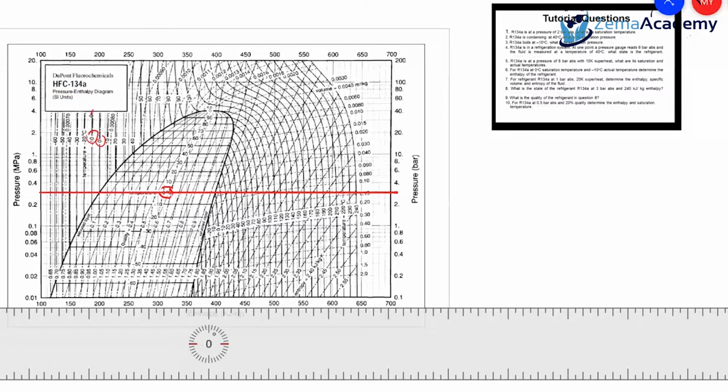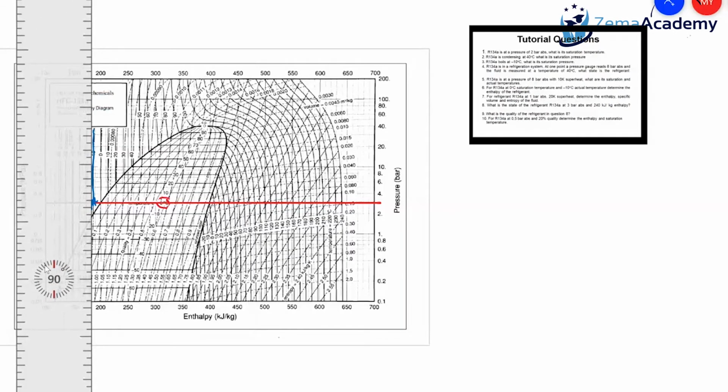So you follow minus 10 to the point at which the two temperatures, the saturation and actual temperature, cross. Then if I drop down straight from here to read off my enthalpy.